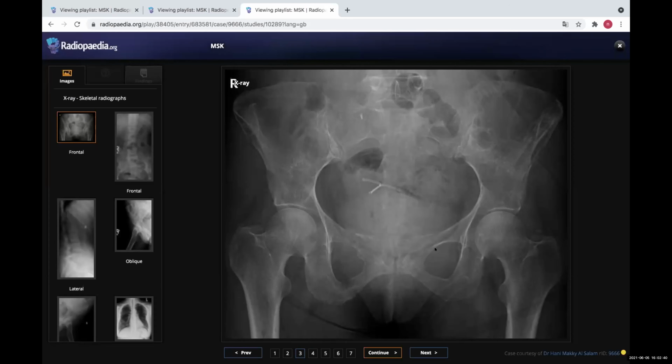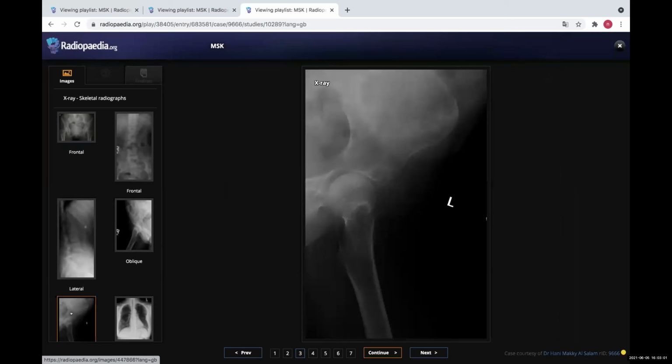Can you see something in the upper part of the sacrum? Yes, on the right side there is a lytic area. I'm not able to appreciate the cortical margins. Do you want to see other films like the hemipelvis and femur?